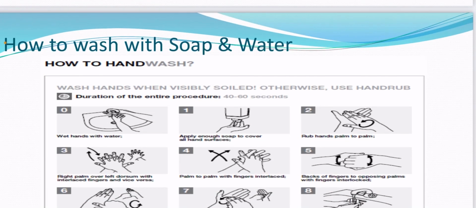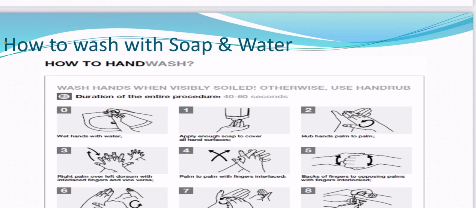Now you can see how to wash with soap and water. Everybody should know how to wash your hands with soap and water. The technique is important, duration is important. Before doing hand hygiene, there is criteria.